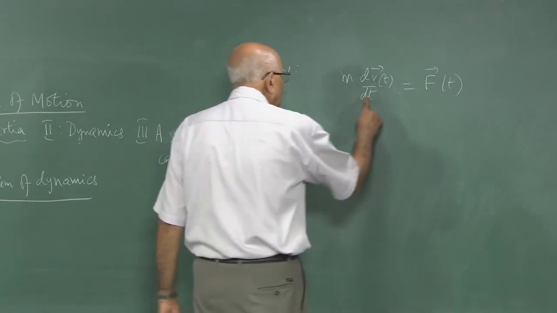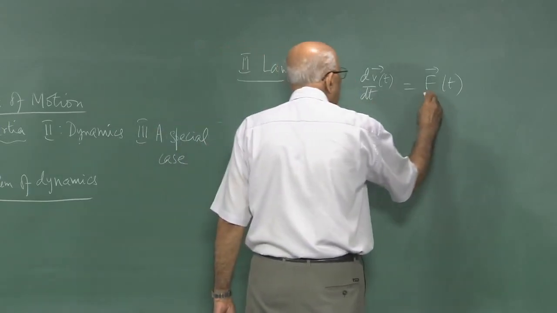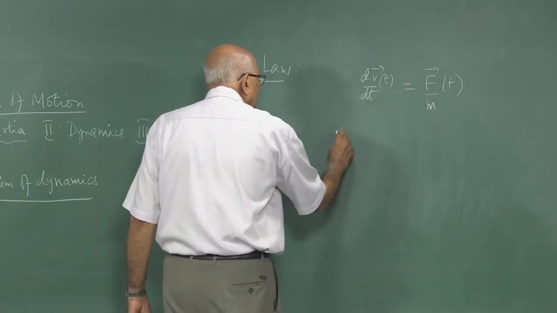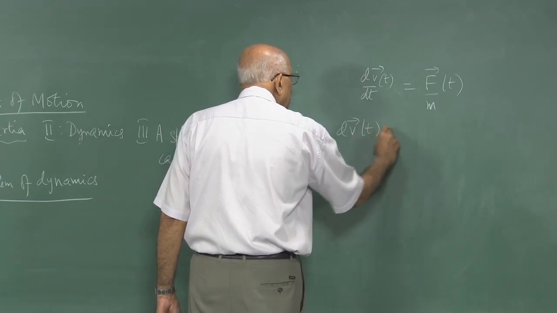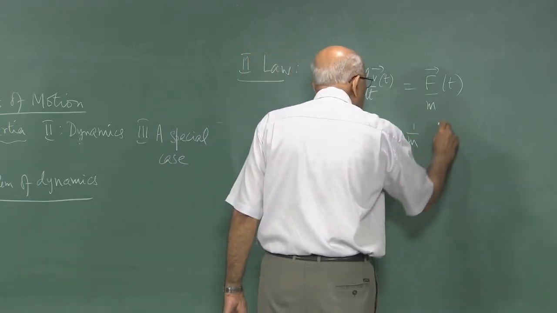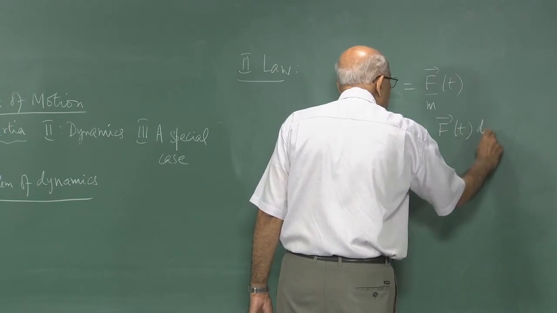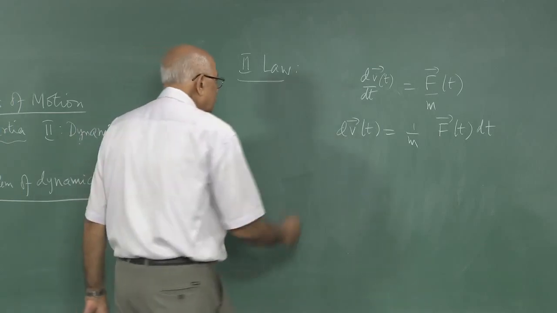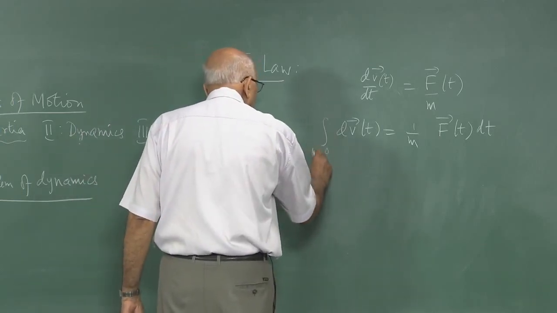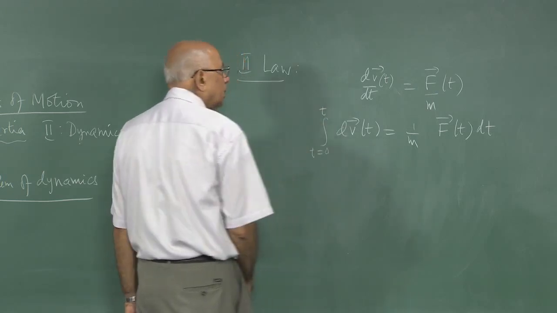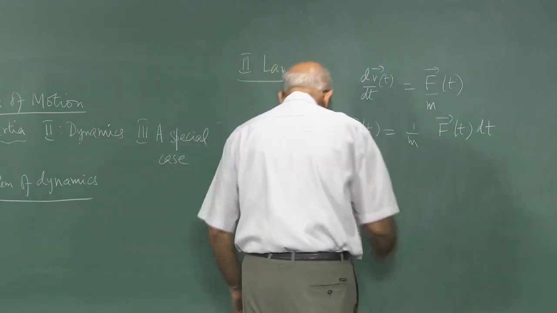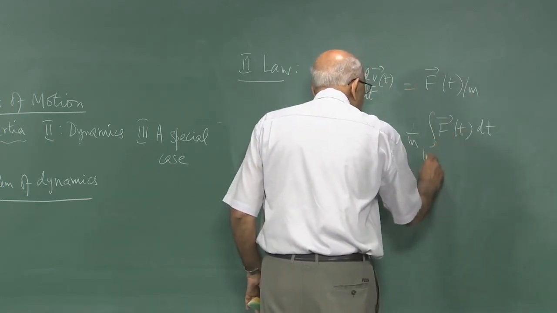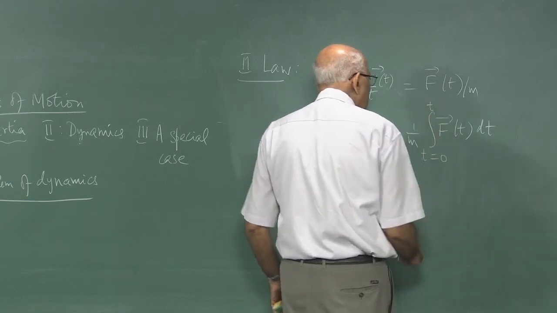For instance, I could take this equation and bring m to the right hand side, that is just a constant, and then if I integrate both sides by multiplying by dt, so you have dv equal to 1 over m, which is a constant, and then a function of t dt on this side, and I integrate both sides from time t equal to 0 up to some time t.